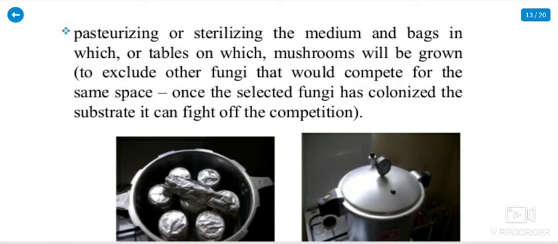Actually, pasteurizing, sterilization, any kinds of methods, depending on which mushrooms will be grown, exclude other fungi and the competition for the same species.